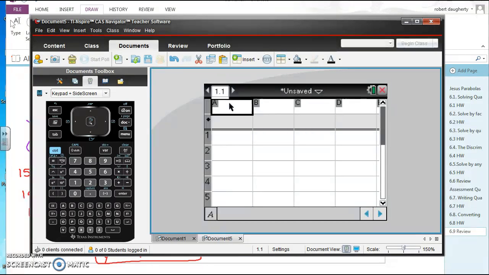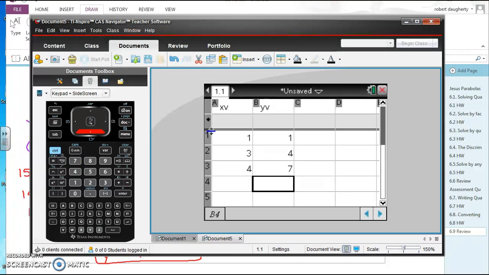So the process there was to create a variable. So I'm going to have my x variable and my y variable. And so the x values are going to be 1, 3, and 4. And the y values are going to be 1, 4, and 7. 1, 4, 7.